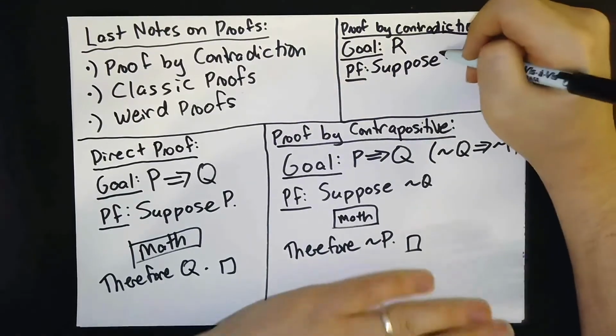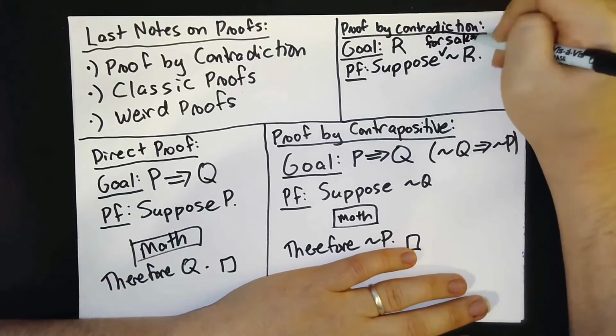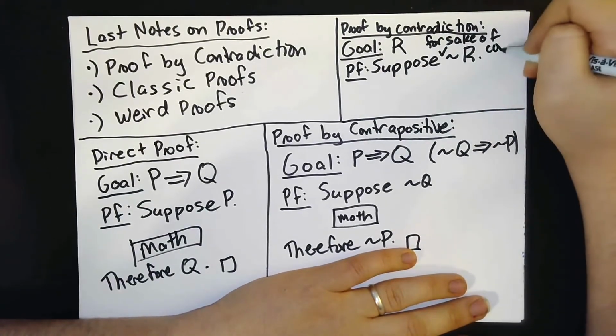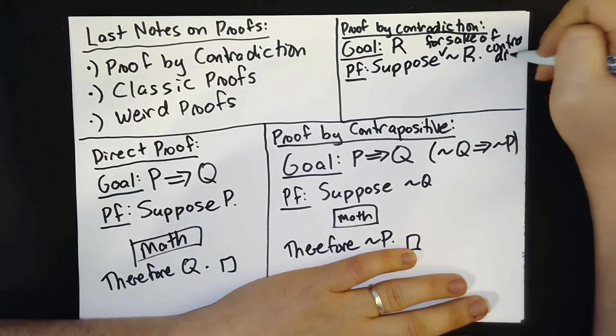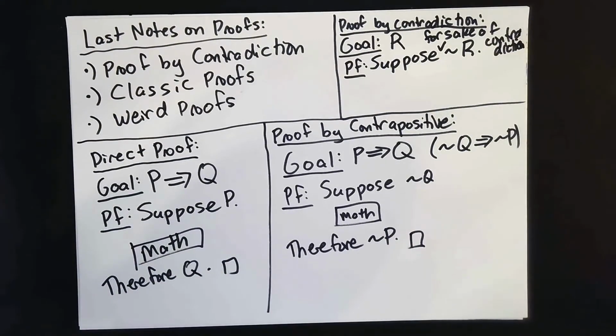And you should always say, suppose for sake of contradiction, or whatever phrase you want, just so that the reader knows what's going on.